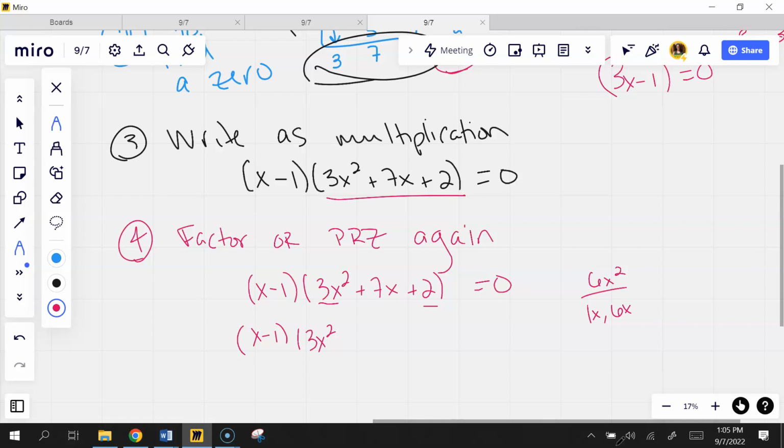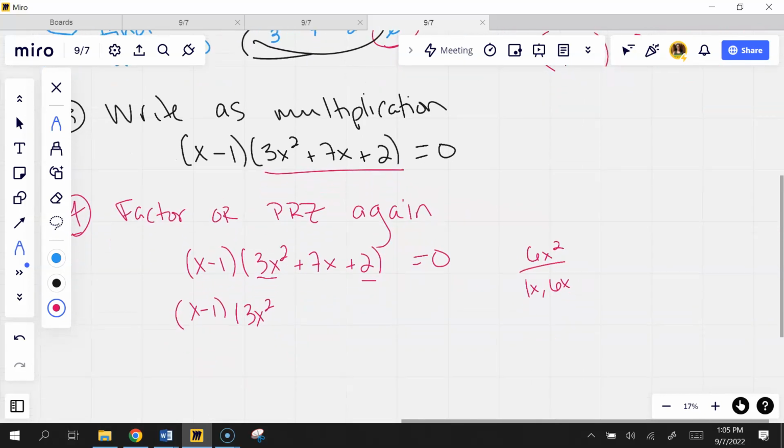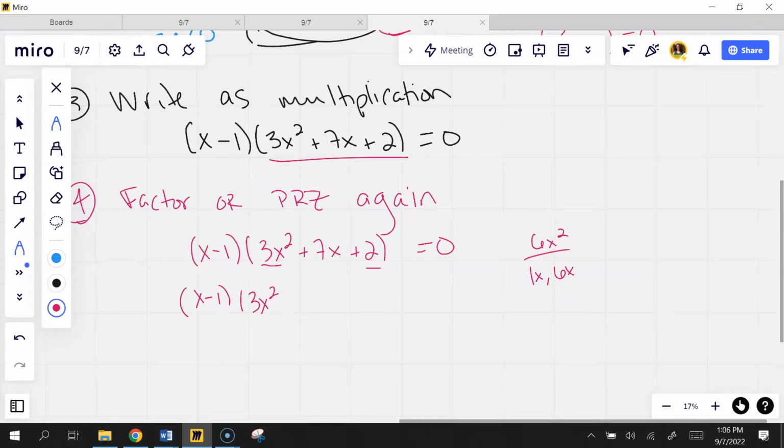Okay. When you factor a quadratic, are you listening to me, Robert? You multiply the first and the last together. What do you get? 6x squared. You have to find 2 things that multiply to 6x squared, but they have to add to 7x. Okay, so that's the 1x and the 6x, right?